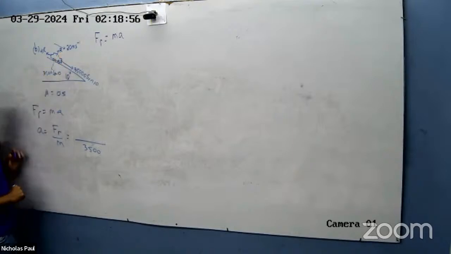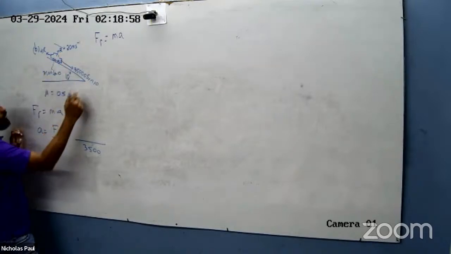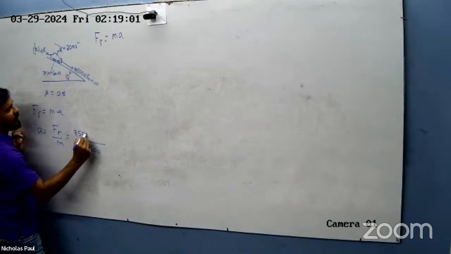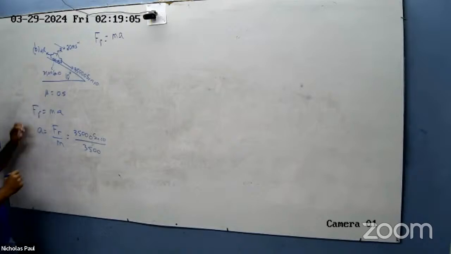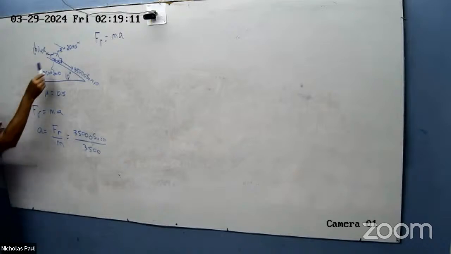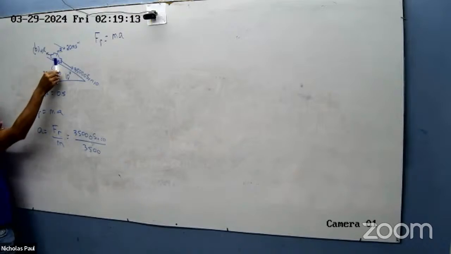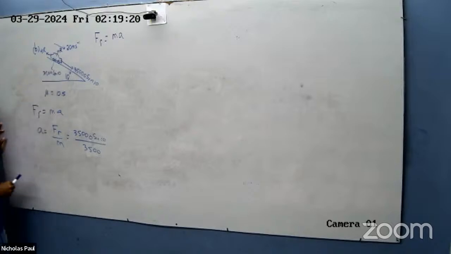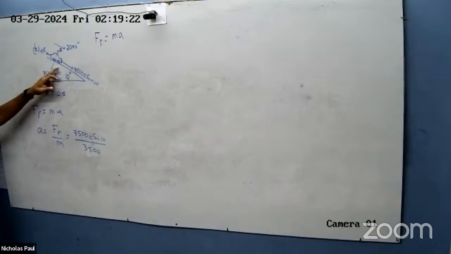So that's R. Why is it acting vertically? No. Remember, the weight acts vertically downwards, but the component of weight acting perpendicular to the plane is equal to R. That's why I rubbed off the weight here for you.